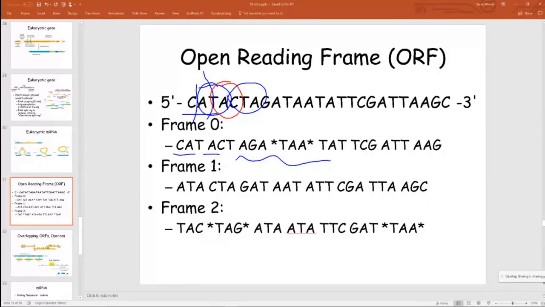Depending on where we start, we get a different set of triplets, right? These different starting positions give us what we call different frames. Frame 0 is where we start at the 0 index. Frame 1 is where we skip the first one. Frame 2 is where we skip the first 2. Make sense?